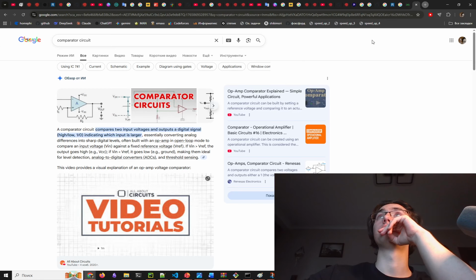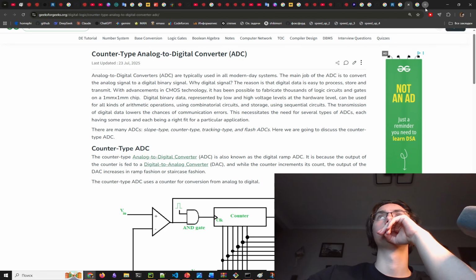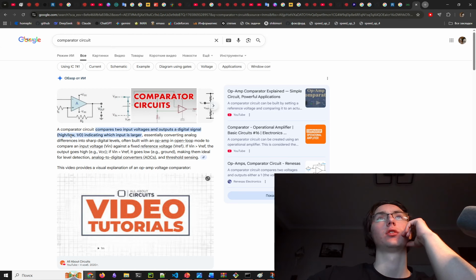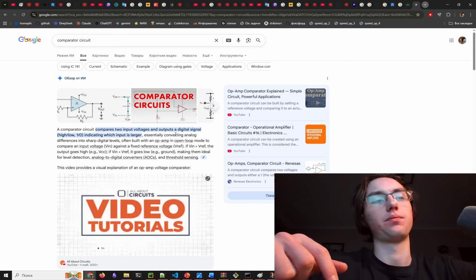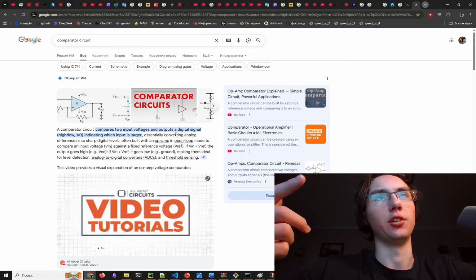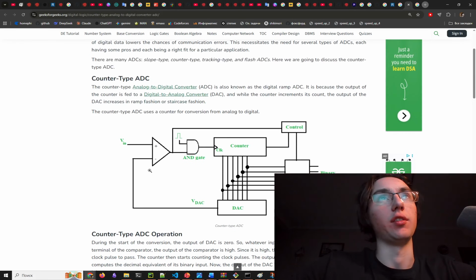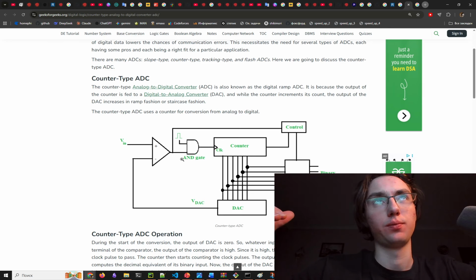Okay. Essentially converting analog differences to high, low. So it outputs a digital signal: if the positive input was higher, it will output 1, so the high voltage.